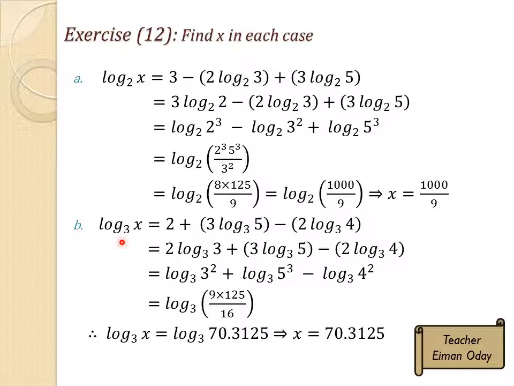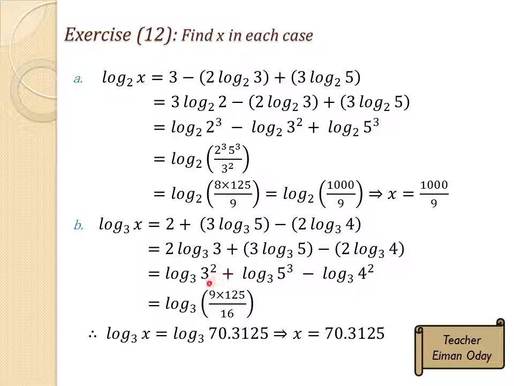For b, we have log base 3 of x. Also, I have 2, I have 3 log base 3 of 5, and I have 2 log base 3 of 4. Again, the logarithms have like bases, all of them are 3, so I add here log base 3 of 3. Now the 2 is going to be a power, the 3 is a power, and the 2 is a power.